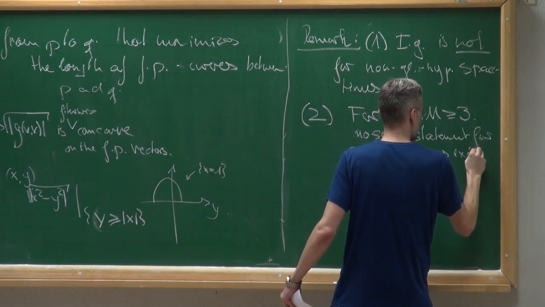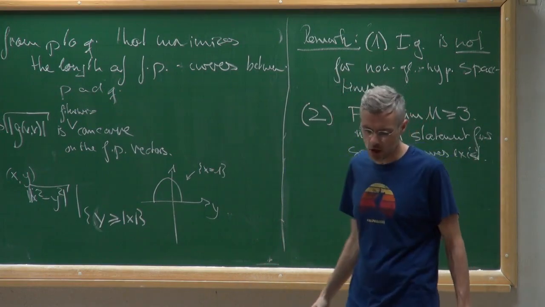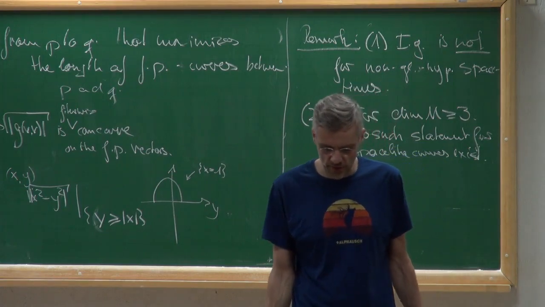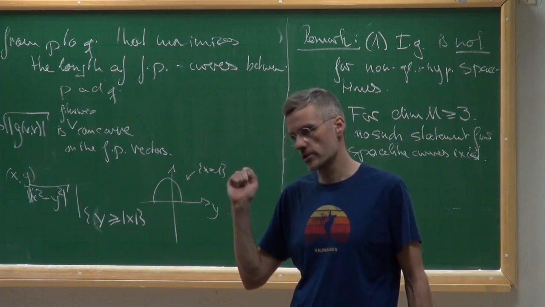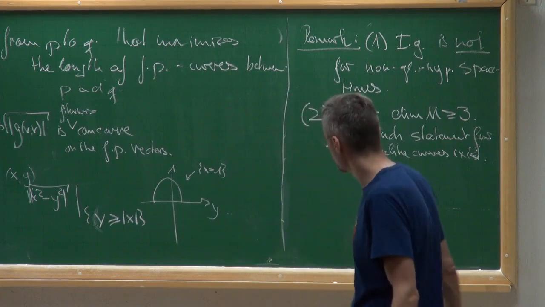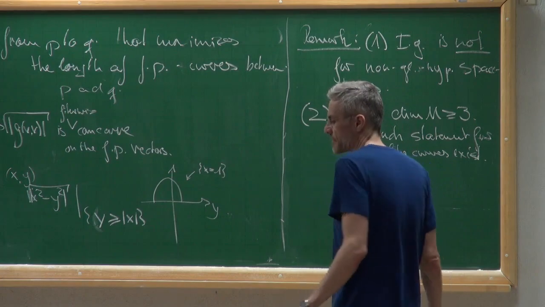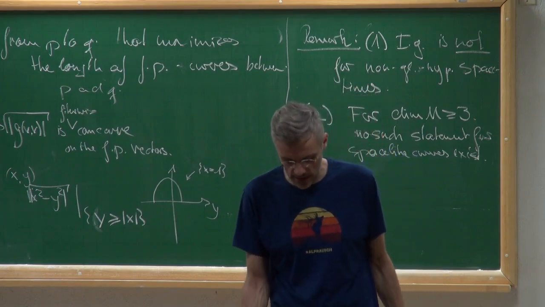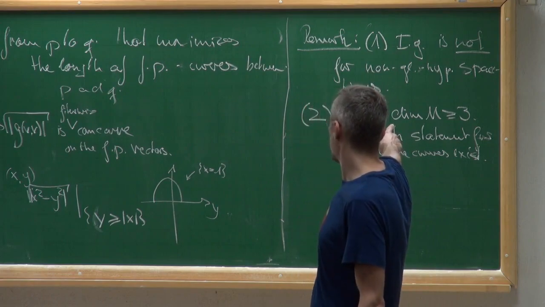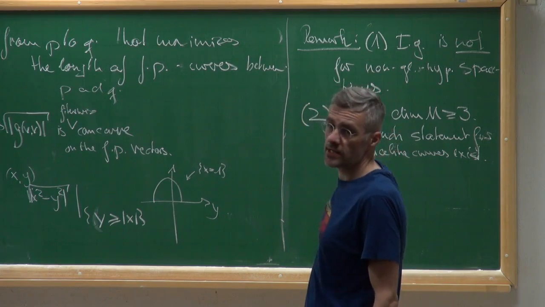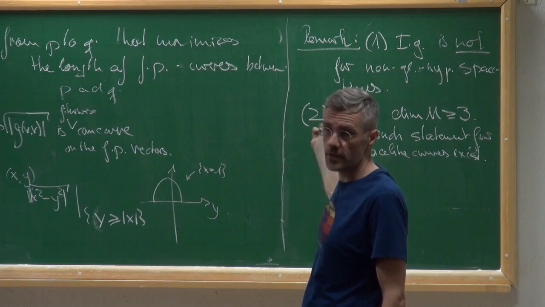Even locally, you can always make the length of space-like curves between points that are close by as long as you like. It has something to do with the fact that for dimension at least 3, the co-index is at least 2, it's bigger than 1.